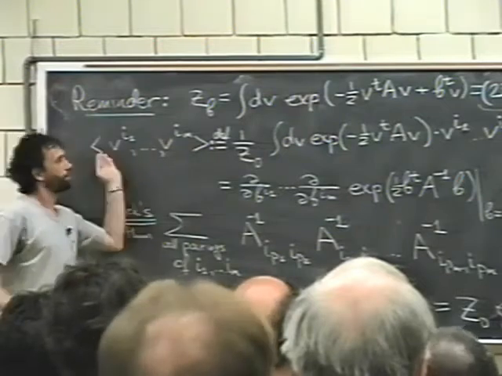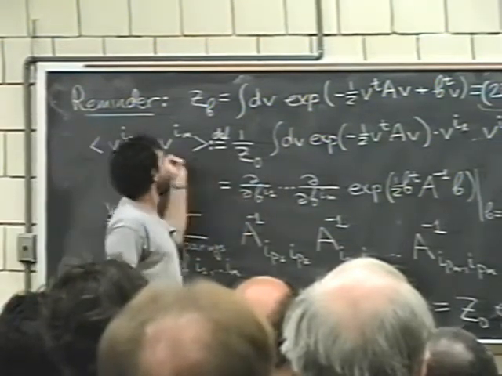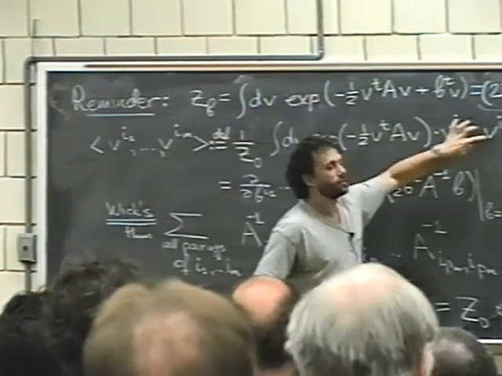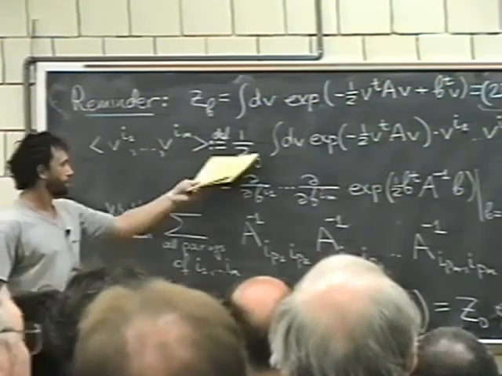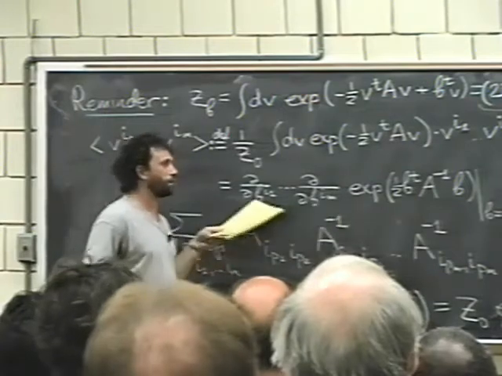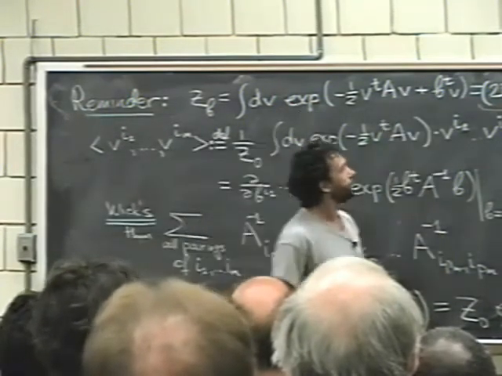So this m-point function, or correlator of m coordinate functions, is just obtained by plugging them all in the integrand. And then you notice immediately that you can rewrite it in terms of the derivatives of this integral here.